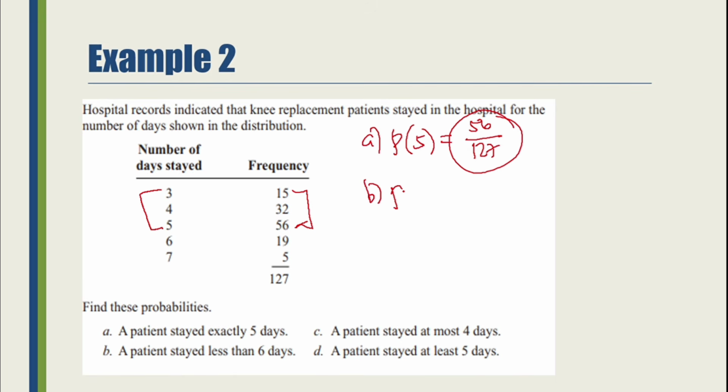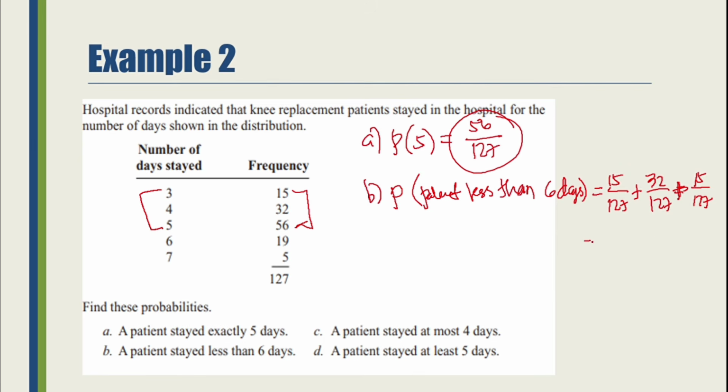The probability that a patient stayed less than 6 days is equal to 15 over 127 plus 32 over 127 plus 56 over 127. If we add it, that is 103 over 127. So this is the probability that a patient stayed less than 6 days.